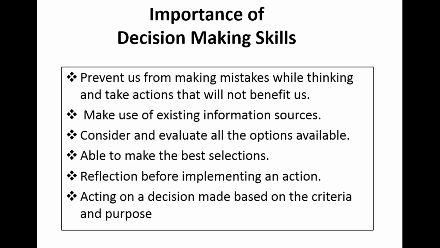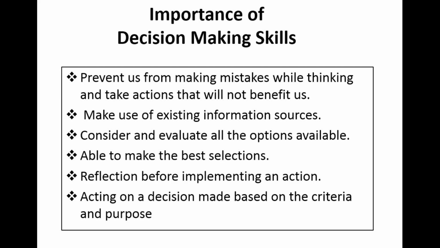Okay, so number one, it prevents us from making mistakes while thinking and taking actions that will not benefit us. That means whatever action you take is reliable and good for you. It does not just waste your time, your money maybe, and your feelings. Number two, make use of existing information sources. Number three, consider and evaluate all the options available.